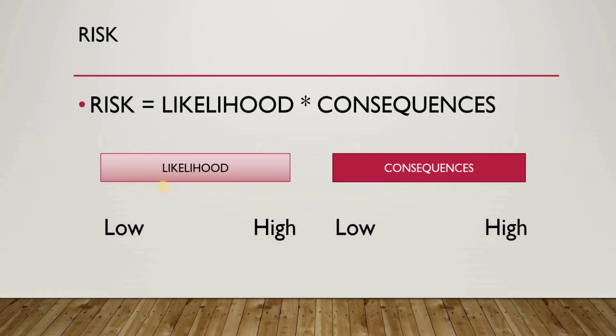Now what is the likelihood? Likelihood is basically the chances, the potential that a hazardous event will happen. If those chances are low, we can say that the likelihood is low. If those chances are high, we can say that the hazardous event chances are very high. So we can say that risk is equal to likelihood multiplied by consequences. We can calculate risk in that way.